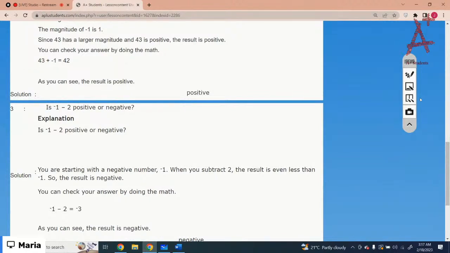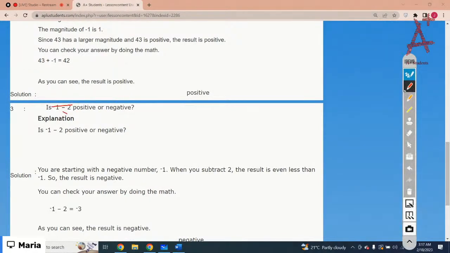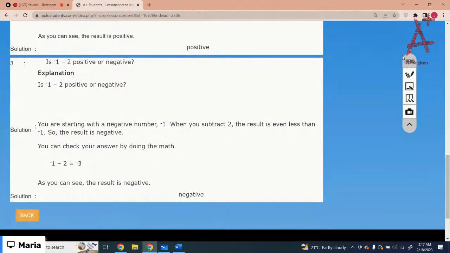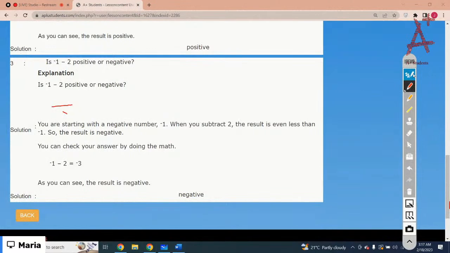Got it? Okay, the next one is negative 1 minus 2. Negative 1 is already a negative number. When you subtract 2 from a negative number, the answer is even less than negative 1. So the answer must be negative.